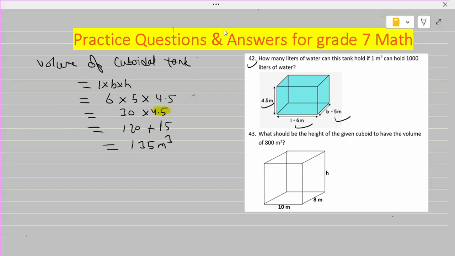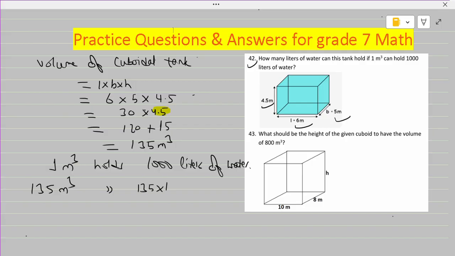Now we can identify how many liters it can hold. Here 1 meter cube holds 1000 liters of water, then 135 meter cube holds 1000 into 135, so 135 into 1000 liters of water.